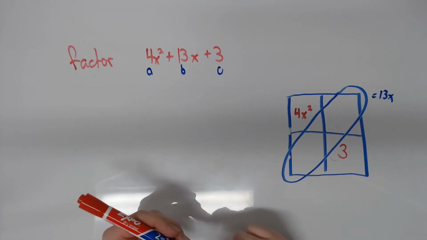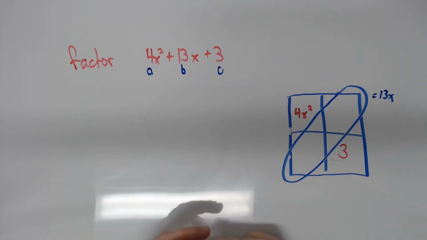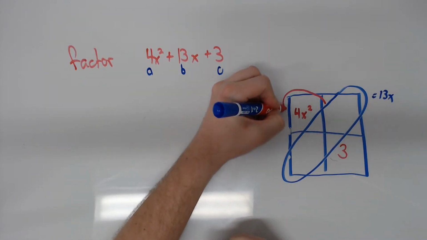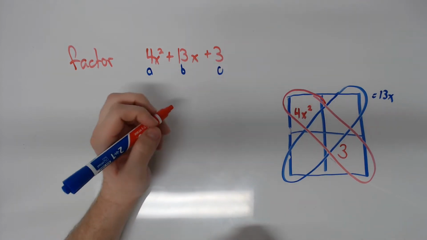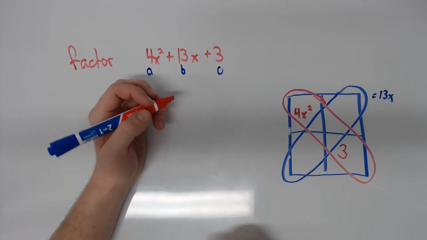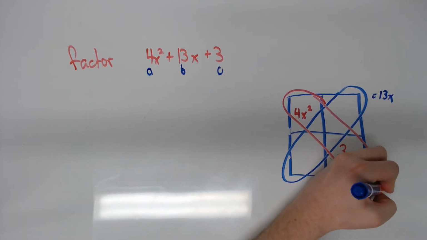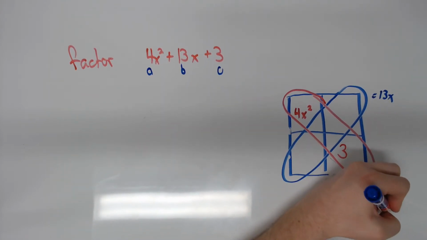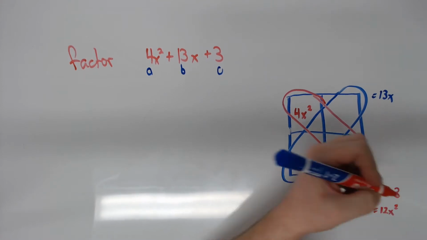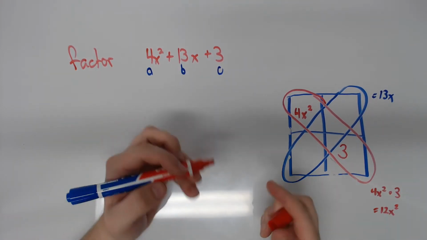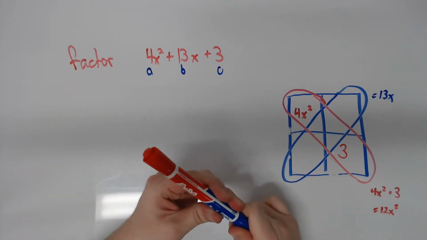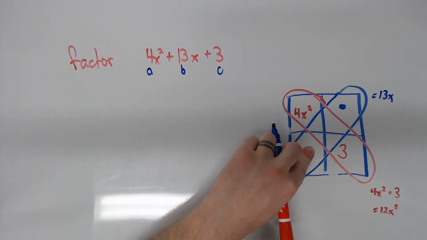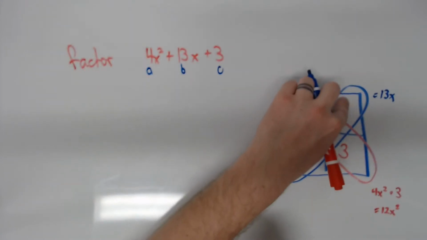All right? Now, what I just talked about with the rectangle, the products have to match. So here I'm going to do 4x squared times 3. I get 12x squared. The two blue boxes, whatever this is and whatever this is, have to multiply to 12x squared.